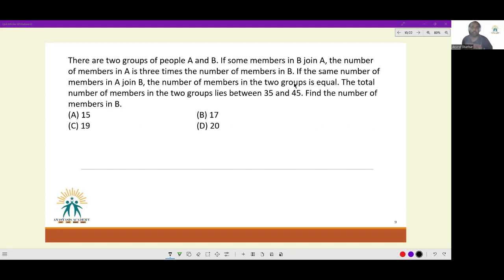First thing you have to understand here is you can do it via algebra, but there is also a very huge number theory clue present.